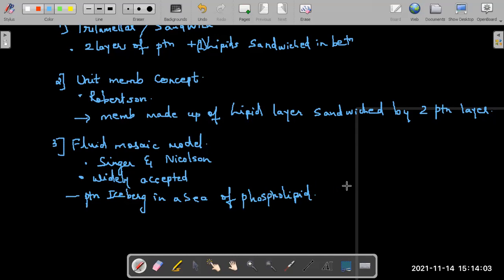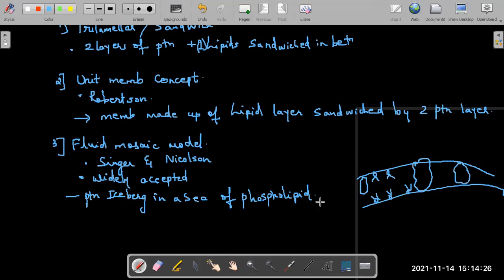Now, this basically speaks about proteins being arranged in the phospholipid layer in a mosaic pattern. Just like what we were discussing, you have two lipid layers, and all the proteins are arranged in between like a mosaic pattern.